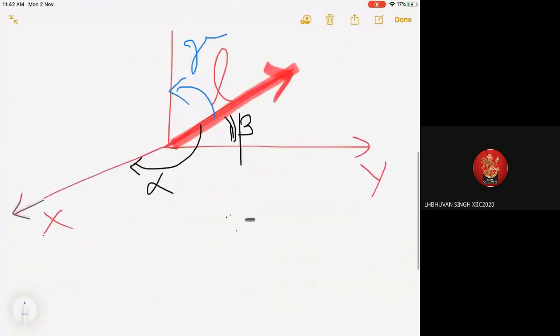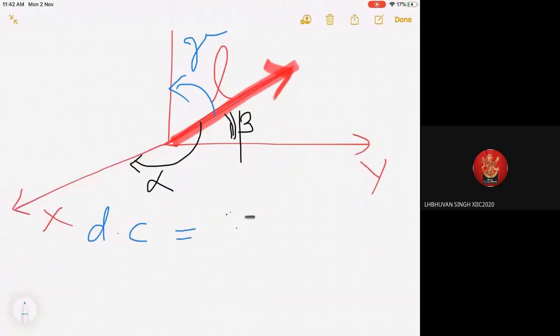And direction cosine, DC equal to cos alpha, cos beta, cos gamma. It is defined like this, direction cosine.